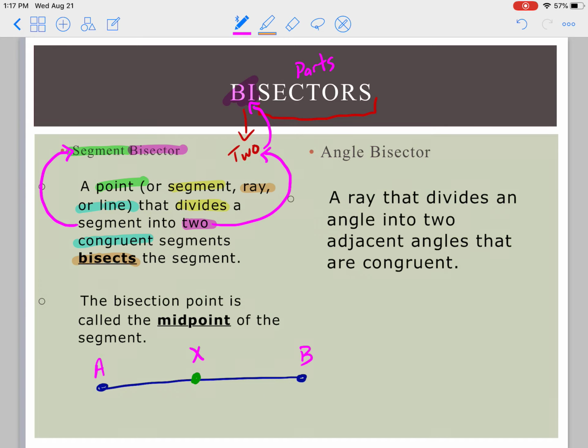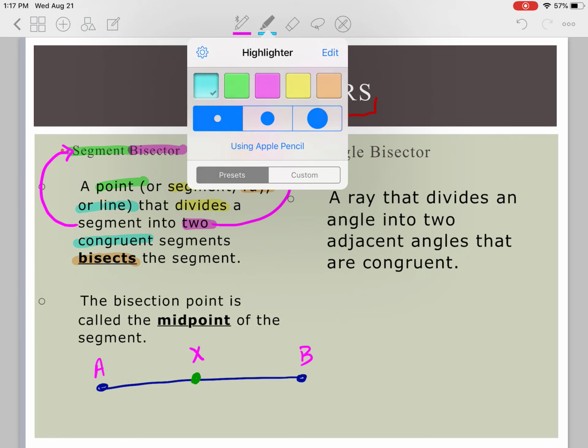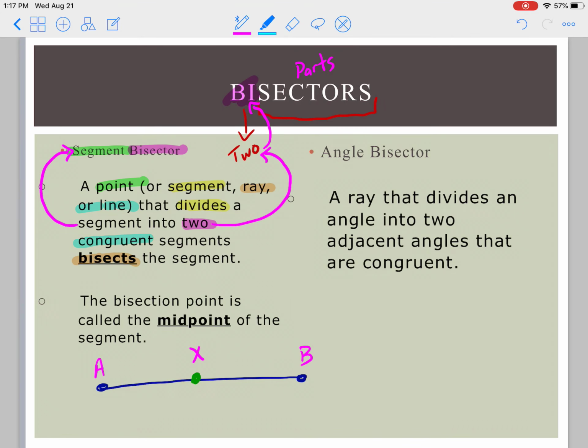So what we need to know is that if point X divides the entire segment AB into two equal segments or congruent segments, so if AX, and it's a segment, and recall the symbol for congruent, remember that is the symbol for it.